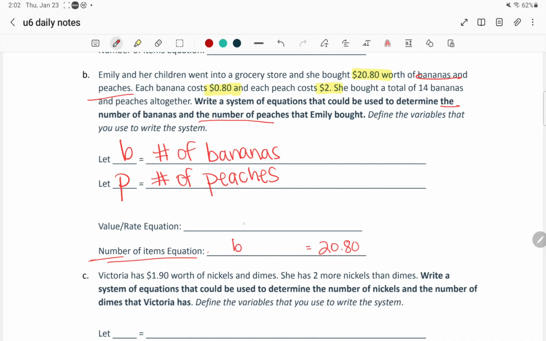As far as banana goes, each banana cost 80 cents, and I know that each peach is $2. Notice I put 0.80 like they did, and I put $2, just plain old 2. Okay.